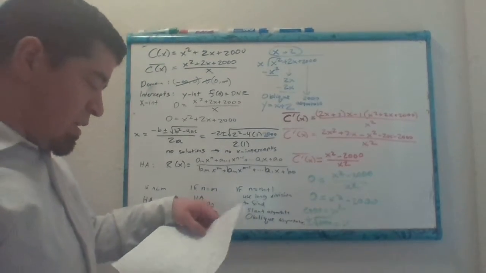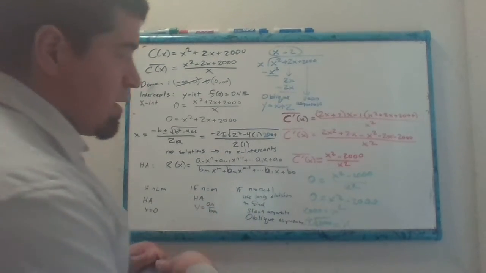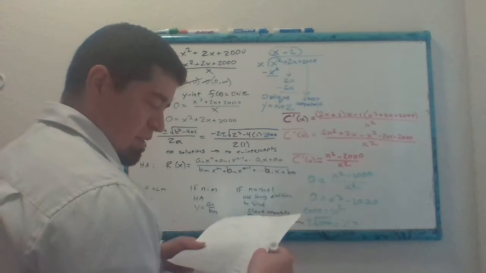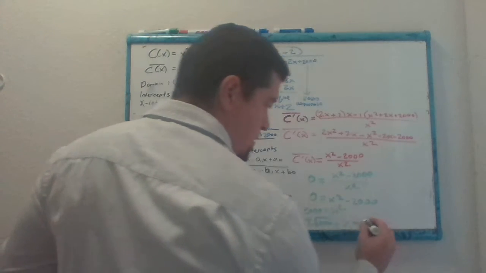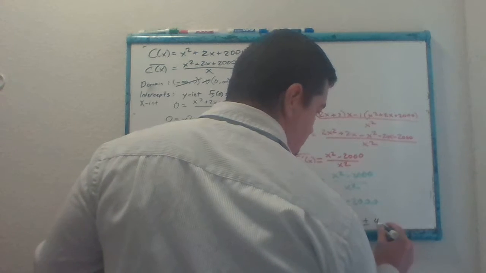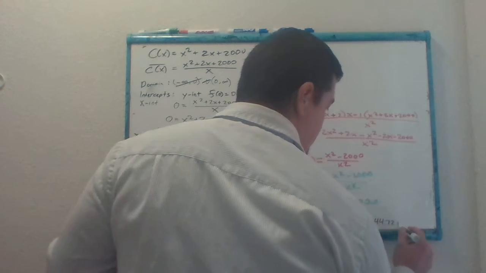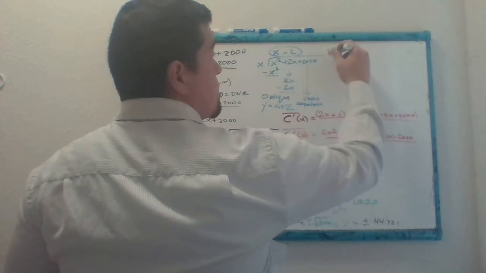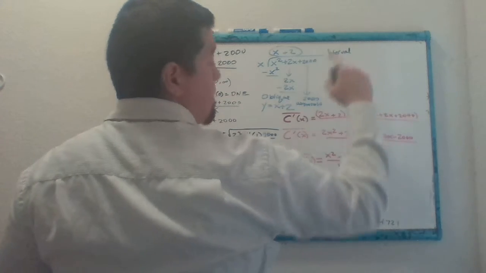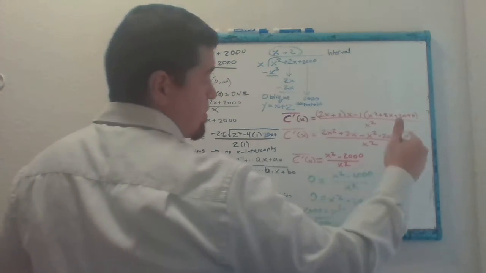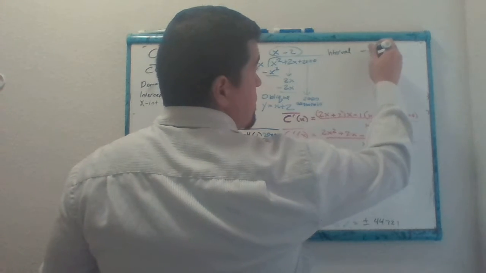Then we're going to continue, and I went ahead and calculated that the square root of 2000 is 44.721. So it's positive or negative 44.721. What's next is we have to do the intervals. This time, since I found two critical points, two partition points, you have to do 3 intervals.